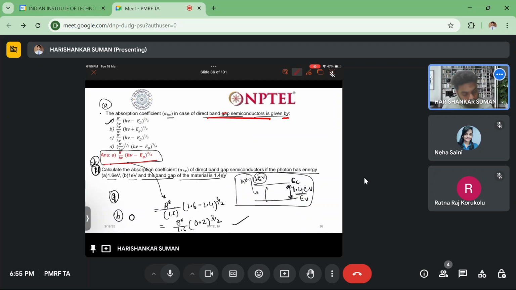Based on this we calculate the absorption coefficient. Photon energy is given as 1.6 and 1 electron volt, and the band gap is given as 1.4. If the photon has less energy with respect to the band gap, then there will be no absorption. In case B it should be 0. The first case you can calculate by putting the values in this equation.